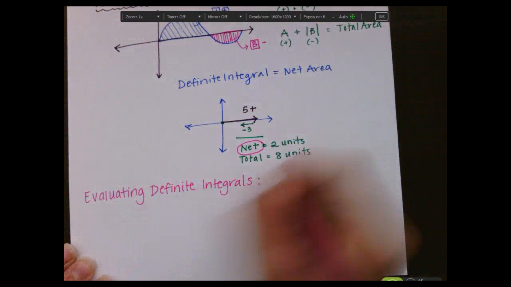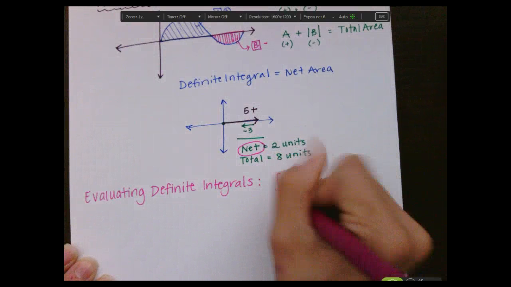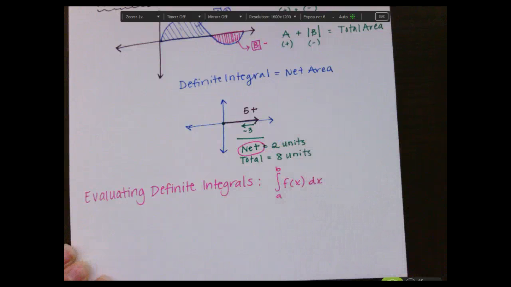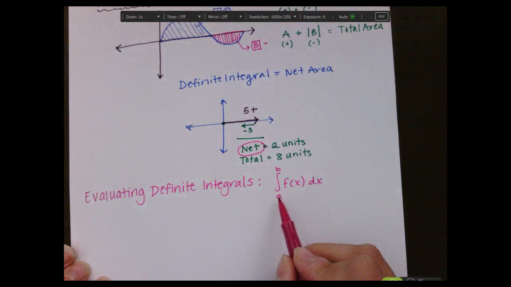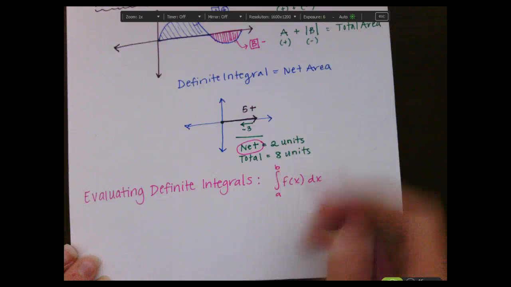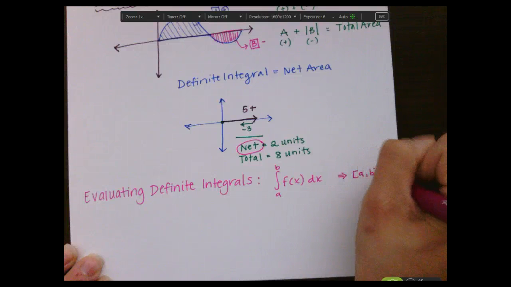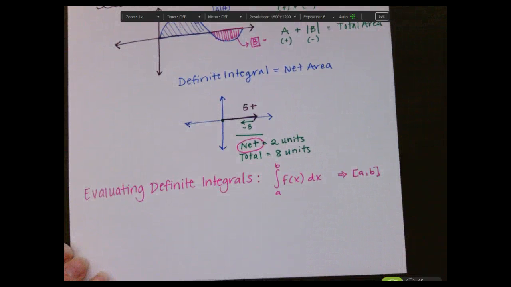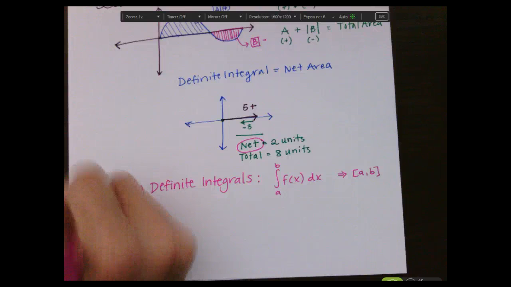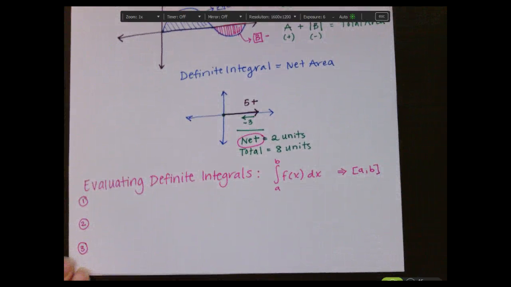Let's say you were trying to evaluate the definite integral of f of x dx from a to b, where a is the lower limit of integration and b is the upper limit, meaning that over the interval a is smaller than b. There are 3 ways that we're going to describe in order to evaluate a definite integral.